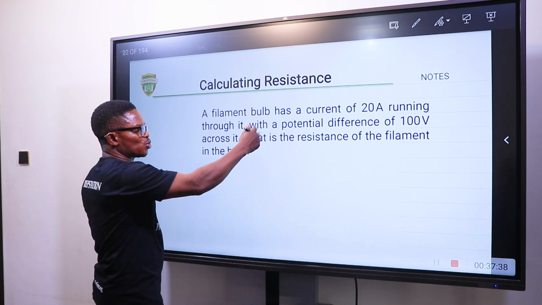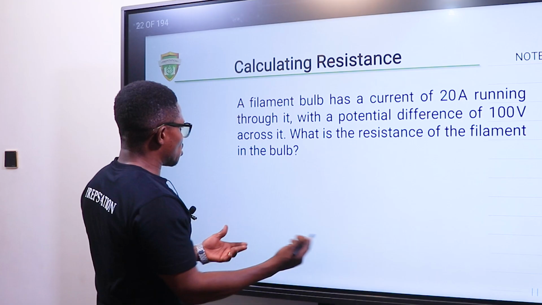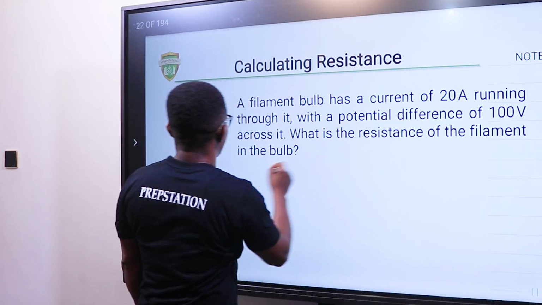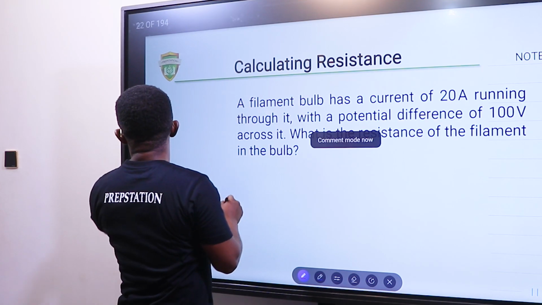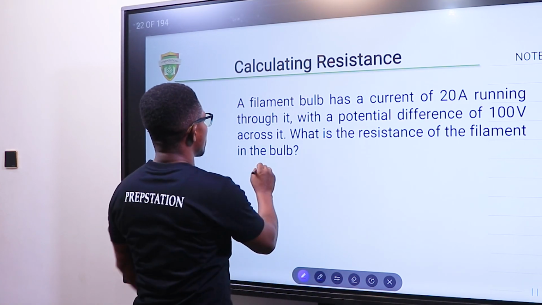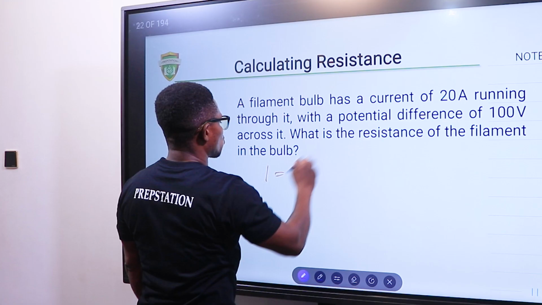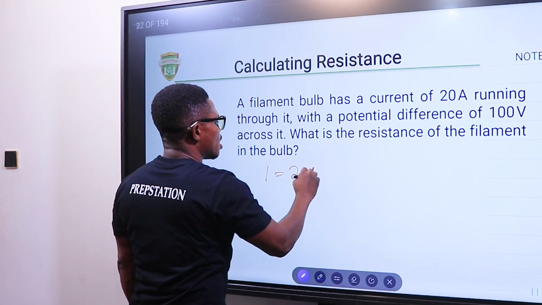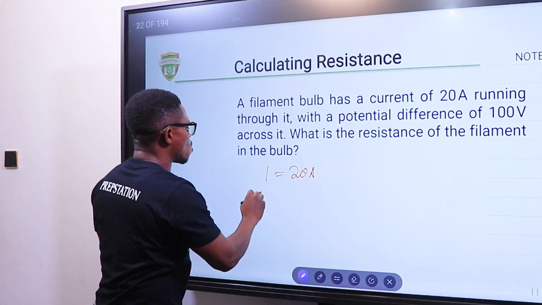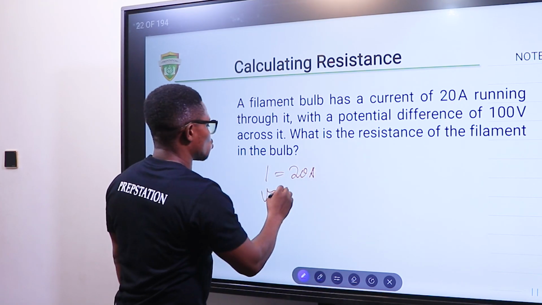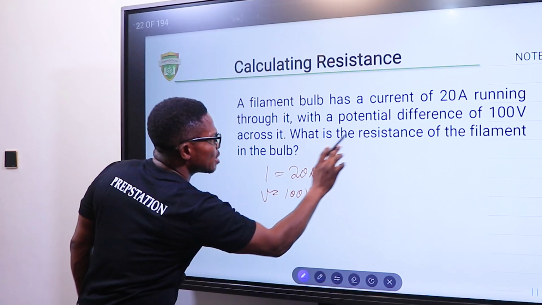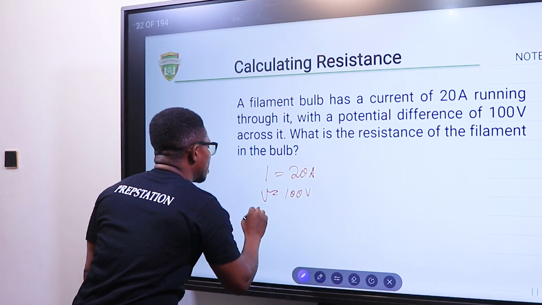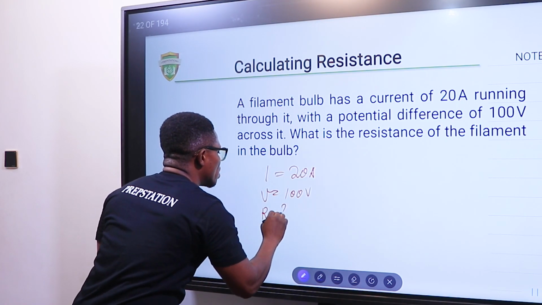All you need to do is go through what I've just explained. What do you have here? I equals 20 amperes. V is equal to 100 volts. We are looking for R.